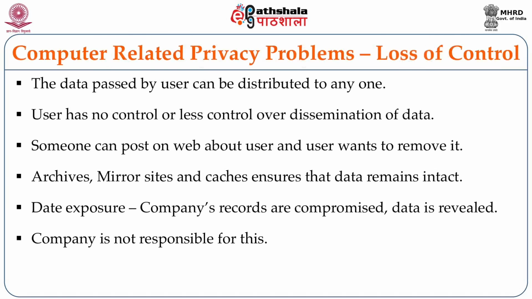Loss of control. It says that others may keep the data whatever we have given to them. So if you have bought something online, your name and address, payment data, the items purchased through a credit card, your identity, that merchant can redistribute your data.